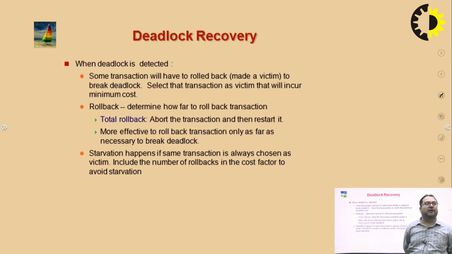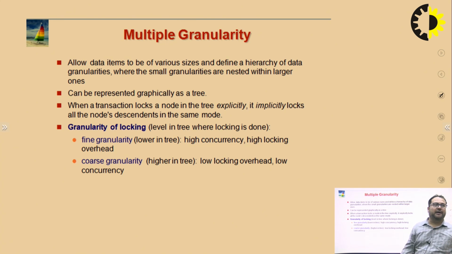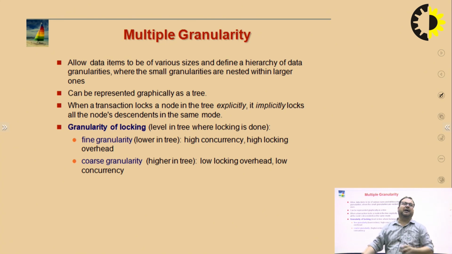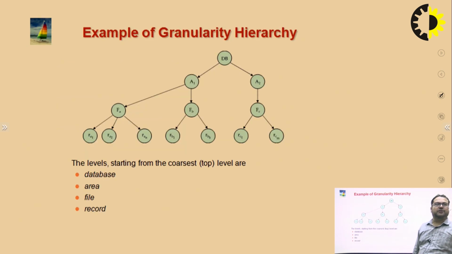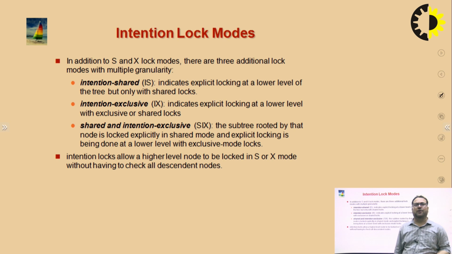then we can say that these transactions will be out of deadlock. Next, we have multiple granularity, where we allow data items to be of various sizes and define a hierarchy of data granularity, where the small granularities are nested within the larger ones. These are all different techniques to control concurrency and access.